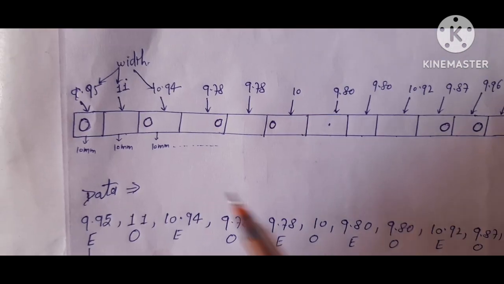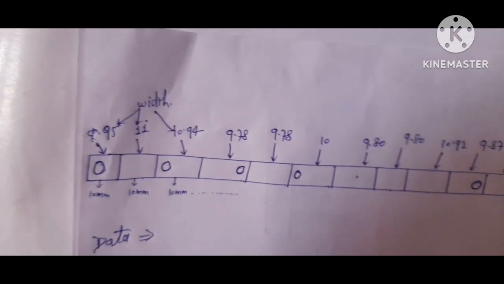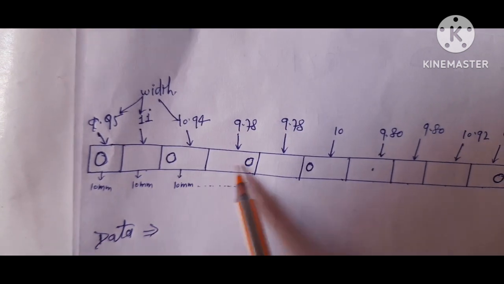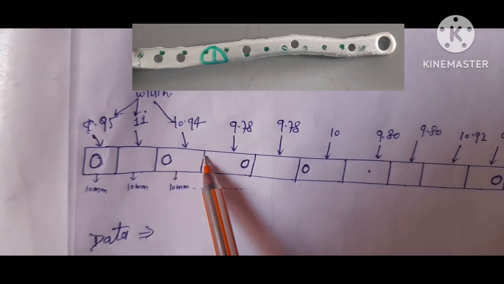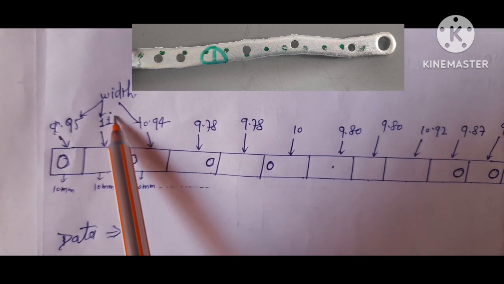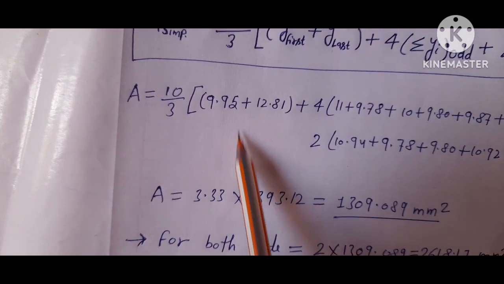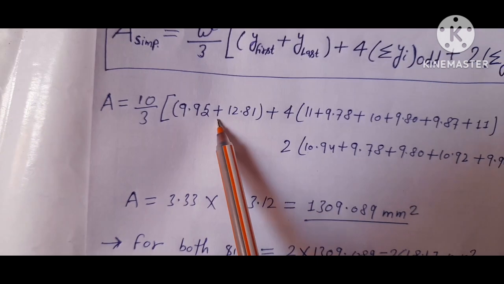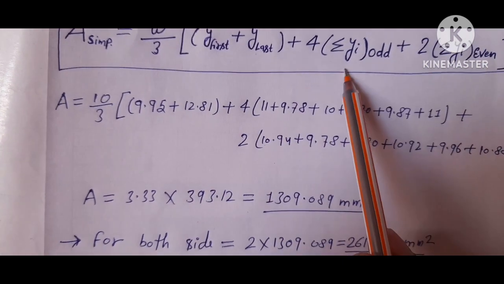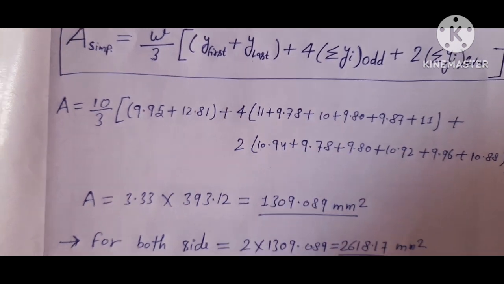12.81. Friends, these values are measured every 10 mm. These sections are divided into 10 mm and all values are measured every 10 mm. So here the width will be 10 mm divided by 3, times first plus last, and the summation of all odd numbers multiplied by 4.